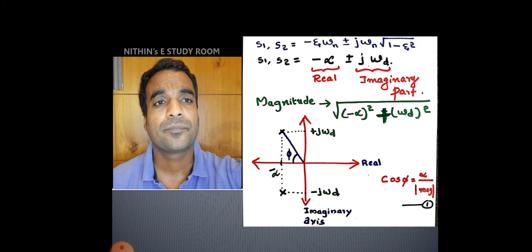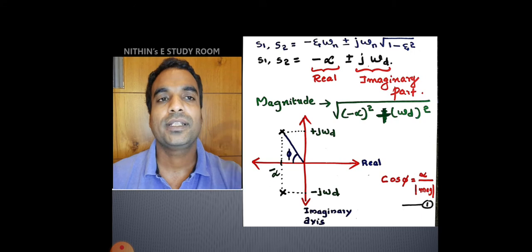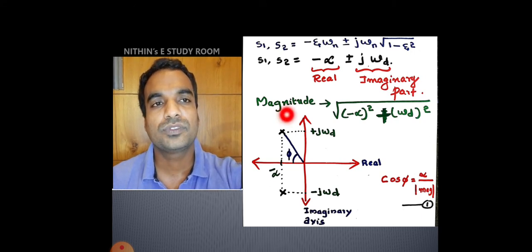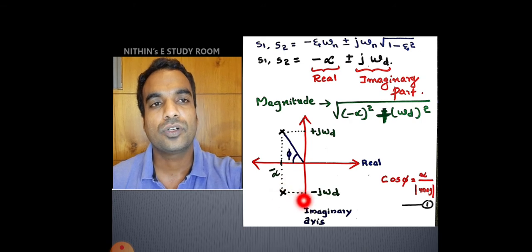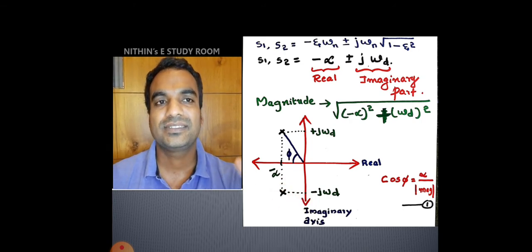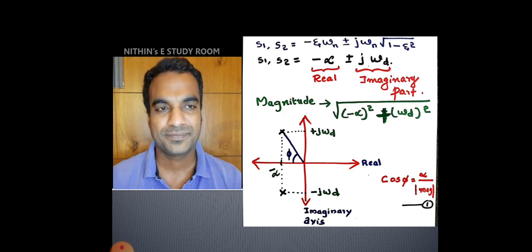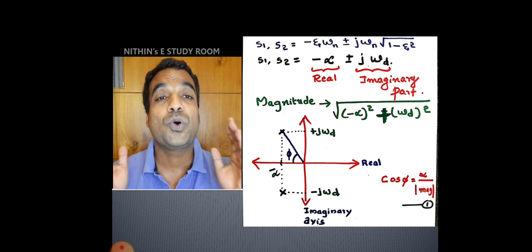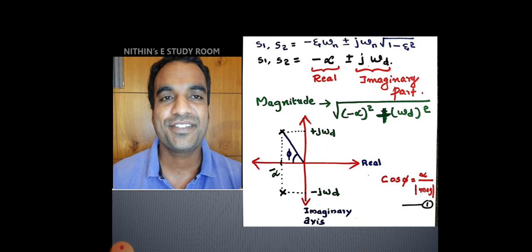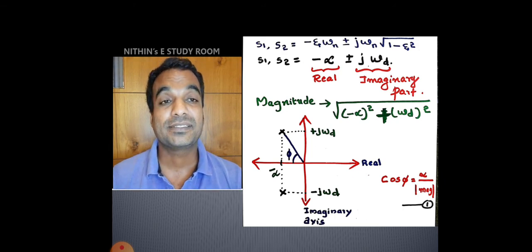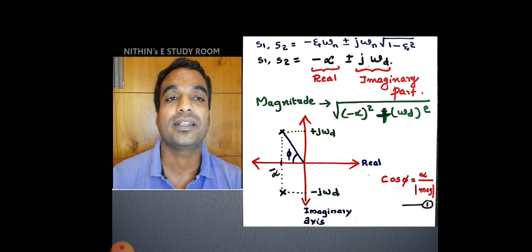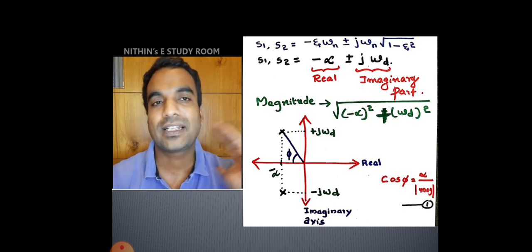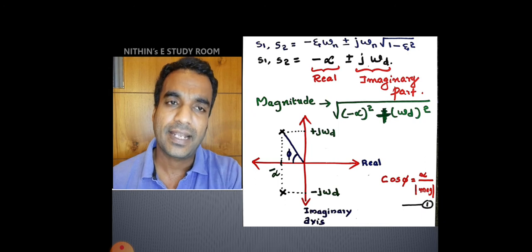That means this pole should move to this axis. And not only that pole: when this pole moves, simultaneously this pole will also move to this axis, because these two are complex conjugate poles. So both the poles will be on the imaginary axis. That represents a marginally stable system, because the poles are neither on the left half plane nor on the right half plane.